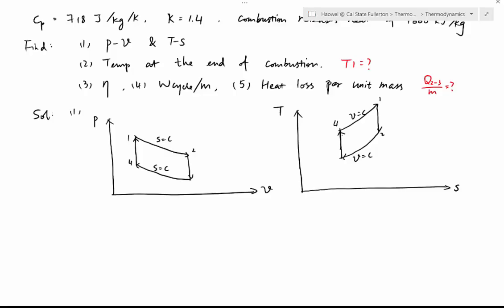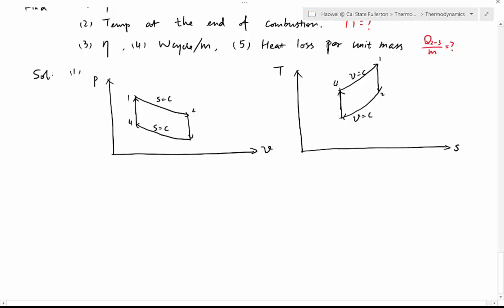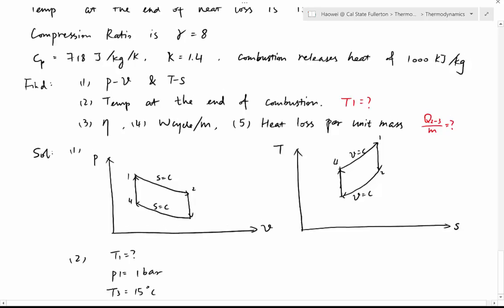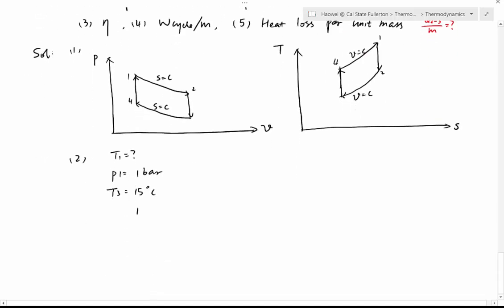Part 2, we're looking for the temperature at the end of combustion, which is T1. What do we have? We have P1, which is 1 bar. We have T3, which is 15 Celsius. What else do we have? We have combustion releases heat of 1000 kilojoule per kilogram.